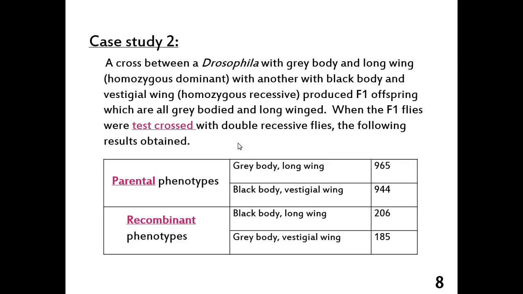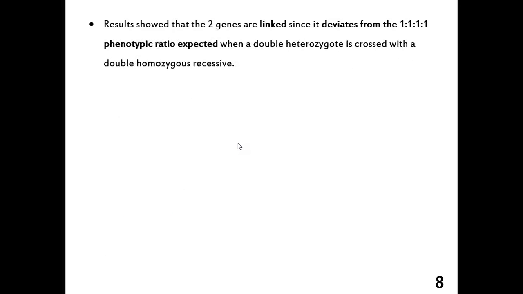They will be your parental and recombinant combinations respectively. By now you'll be quite familiar with the idea that because the observed numbers deviate from your 1:1:1:1 ratio, you can deduce that these 2 genes are linked.